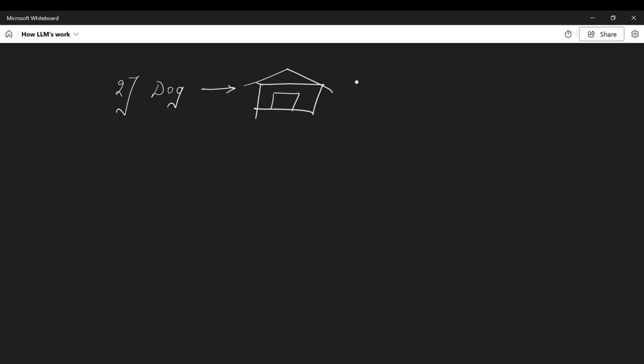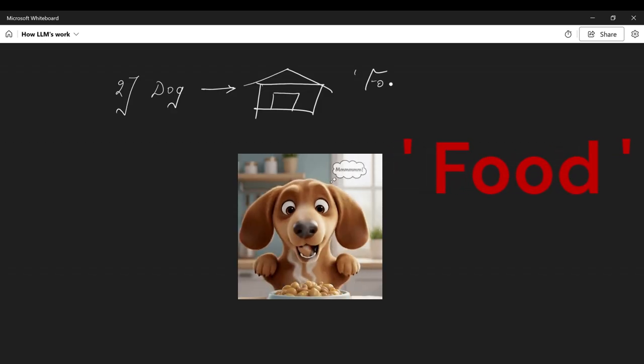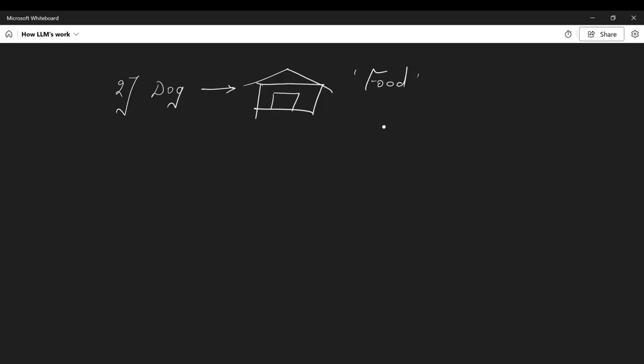Whenever it is meal time, the dog owner uses the word food. The dog has understood that food is related to eating, or hunger.